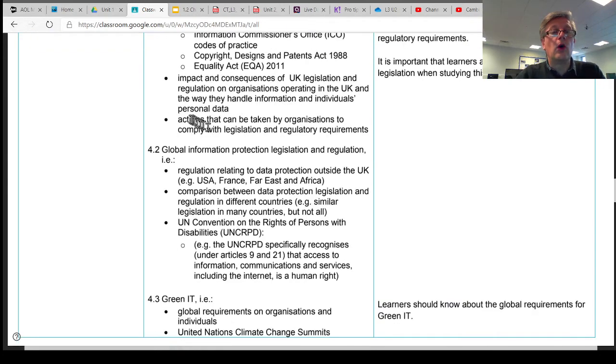And also, what can these organisations do to ensure that they are complying with the law and the regulatory requirements so that they don't get into any kind of trouble and people who work for them don't get into trouble either, deliberately or accidentally.